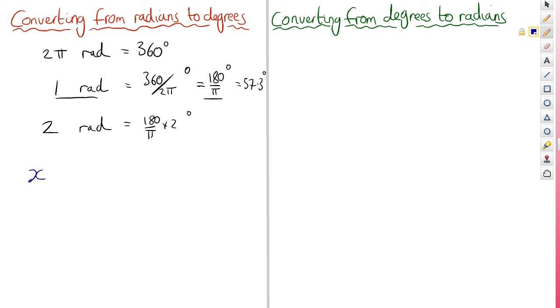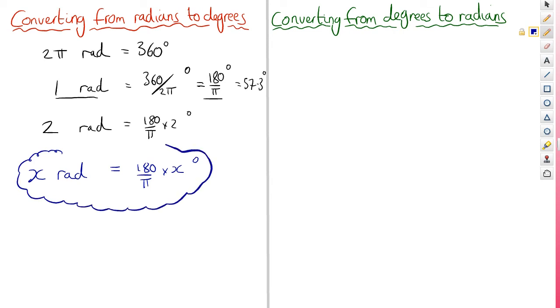If we want to find out how many degrees x radians is, all we have to do is 180 divided by pi, because that's 1 radian, and times it by x. That's quite a nice, easy way to convert from radians to degrees. So let's put a bubble around that. Nice formula to remember, or to use, or to be able to figure out when you need to.